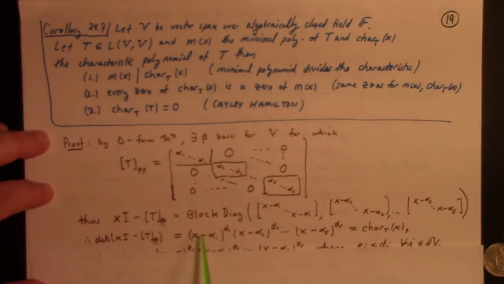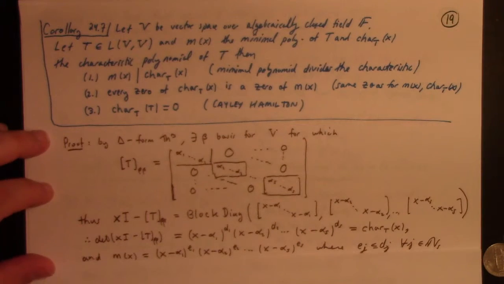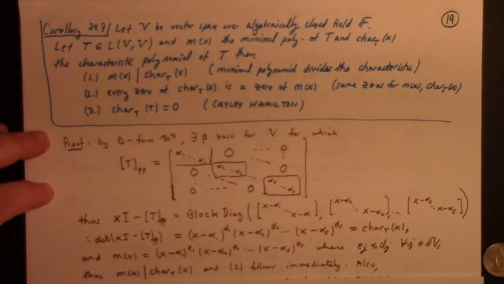That gives us x minus alpha 1 to the d1, x minus alpha 2 to the d2, through x minus alpha s to the ds. That's the characteristic polynomial. But we know the minimal polynomial is x minus alpha 1 to the e1, and so forth, where ej is at most dj. That was part of the triangular form theorem. Thus m of x divides the characteristic polynomial of T of x, and that gives us 2.